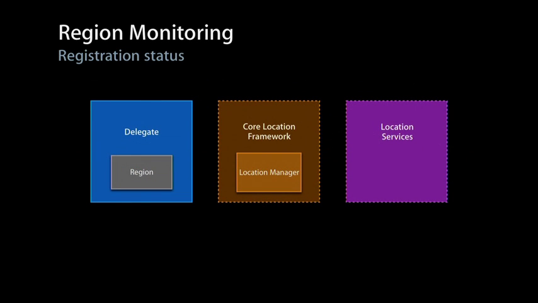When your delegate object creates a region, that object is then handed to the location manager to register with location services. The location manager then hands that region object to location services to be registered. And finally, location services hands the region object back to the location manager, and the location manager hands that same region object back to the delegate as a parameter of a delegate callback.